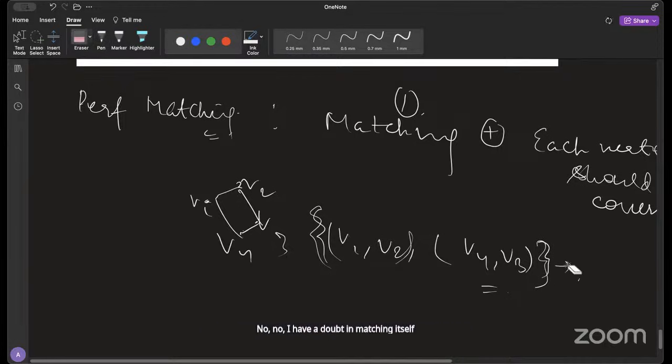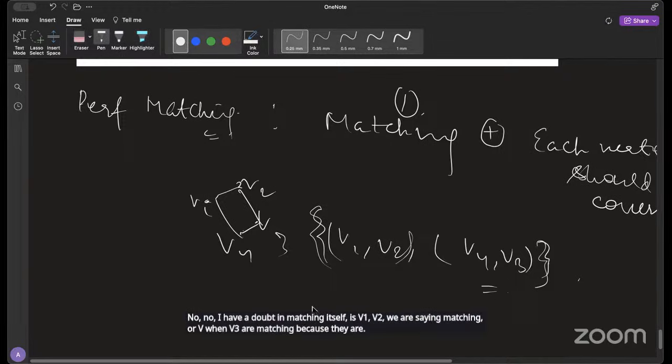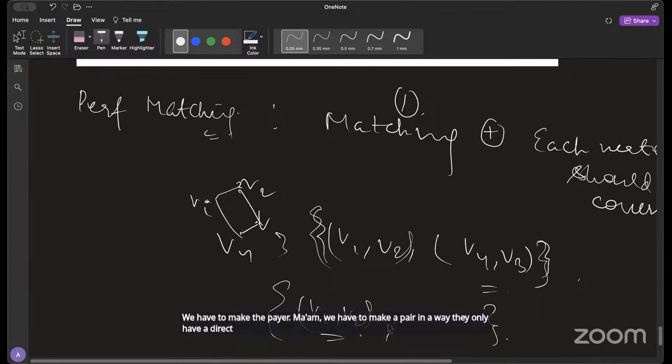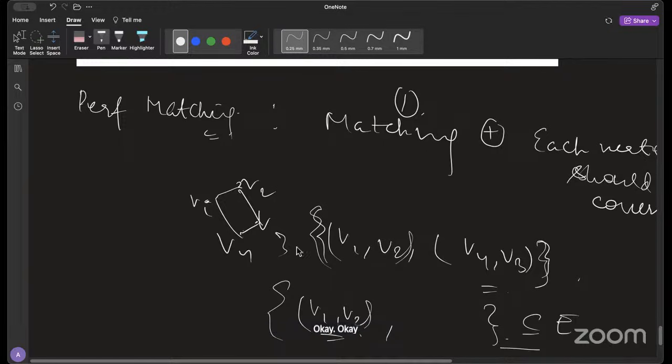Is V1, V2 a matching, or V1, V3, because there is no edge between them? V1, V2 is a matching, because they have an edge. In matching, you try to make pairs of vertices so that no vertices are repeated. That's all. Ma'am, we have to make a pair in a way they only have a direct edge? Yeah, only direct edges. In fact, it's a collection of edges only. That's why we say it's a subset of edges.